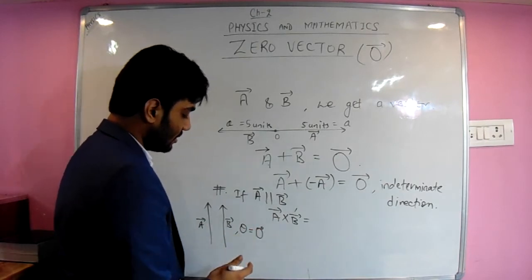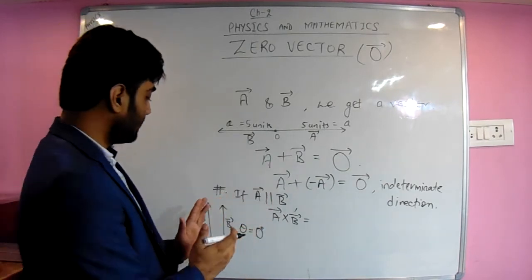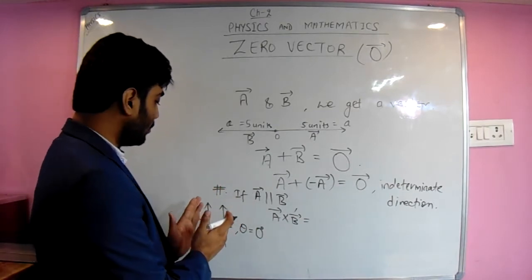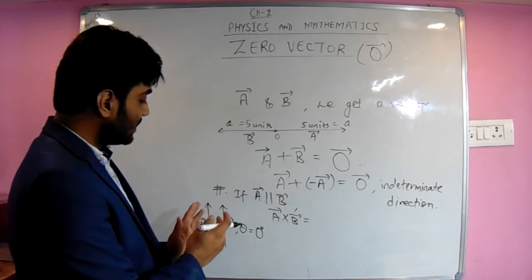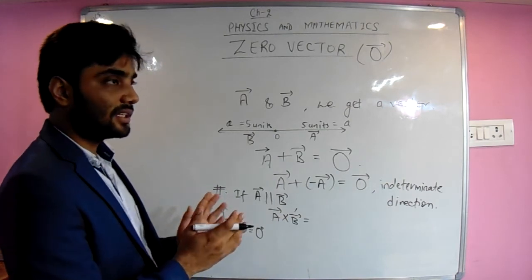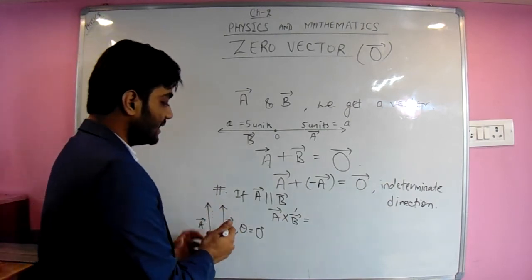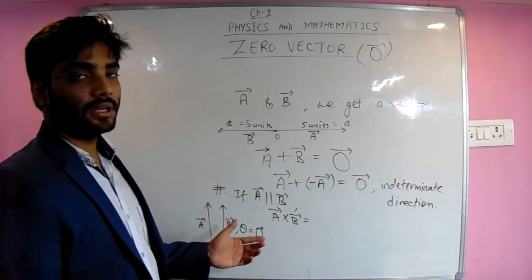If we place both the vectors on one side or touching each other, it creates a 0 degree angle.